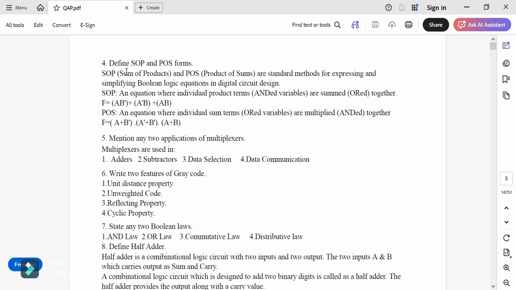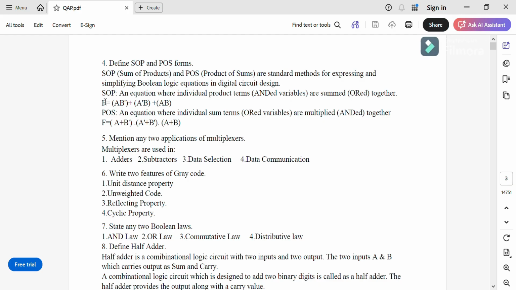So in the sum of product, SOP means what? It's sum of product and POS is product of sum. These are the standard methods for expressing and simplifying a Boolean logic equation in a digital circuit. Okay. So SOP is an equation where individual product terms, first you have to remember, product terms that are ANDed, are ORed, that is, ANDed variables are summed together.